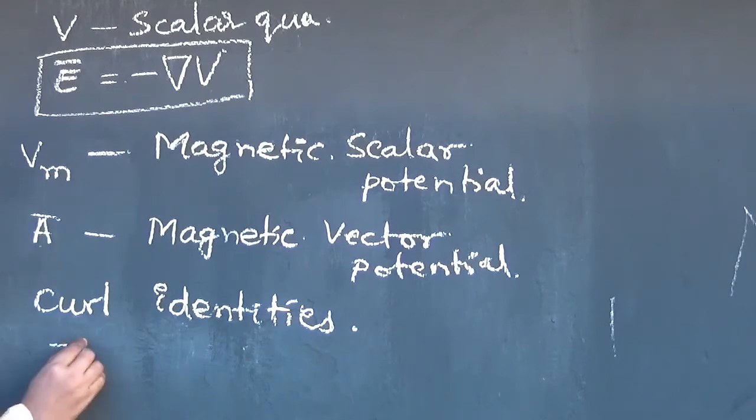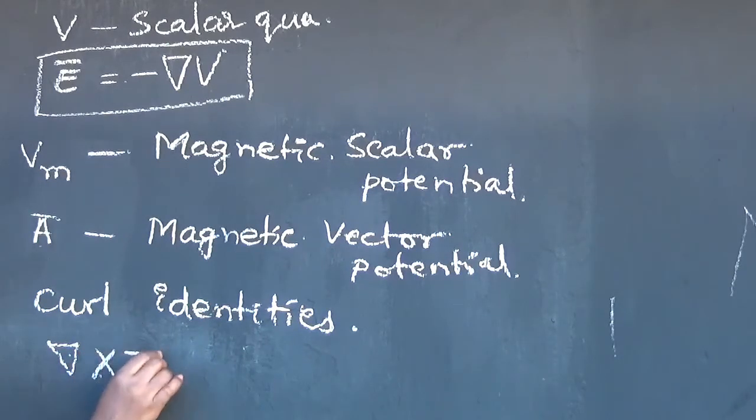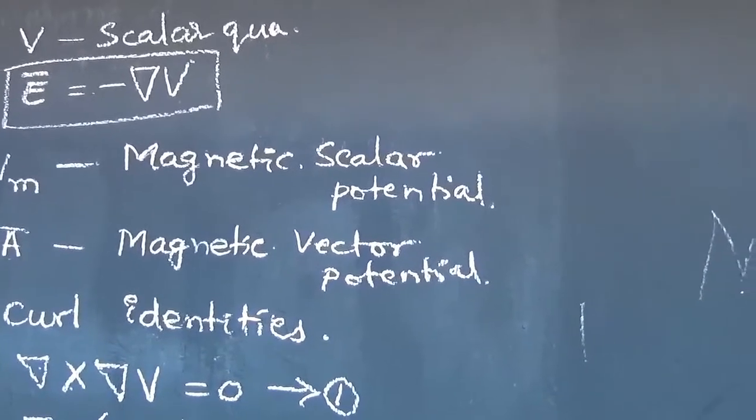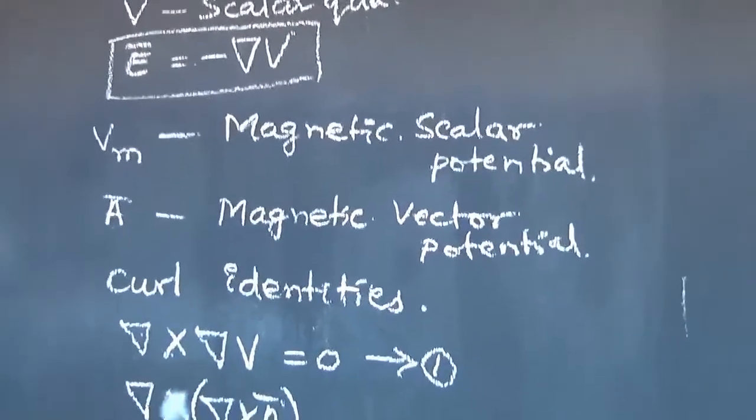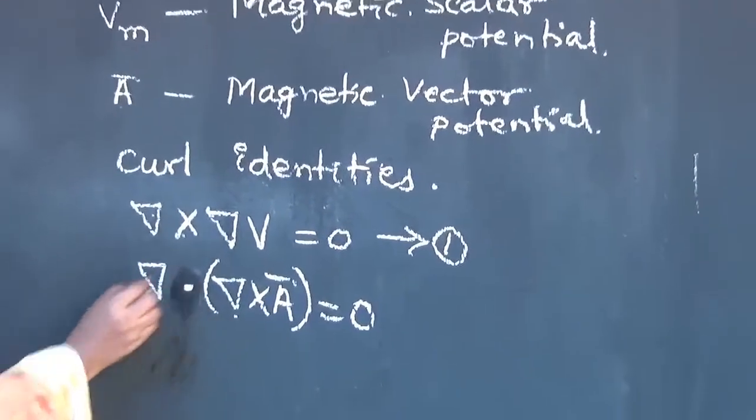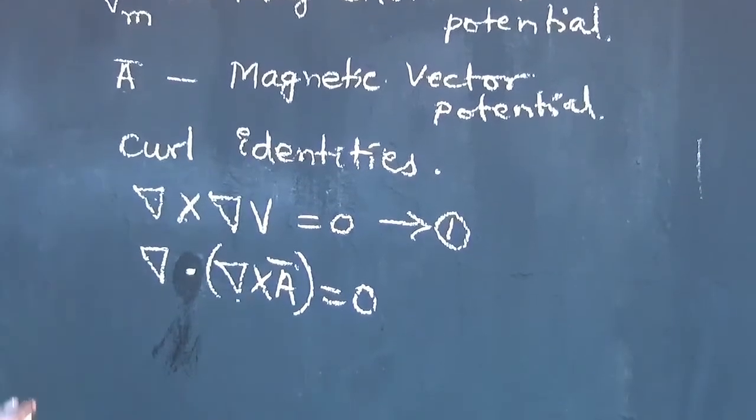One identity is del cross del V is equal to 0. The next one is del dot del cross A bar equal to 0.